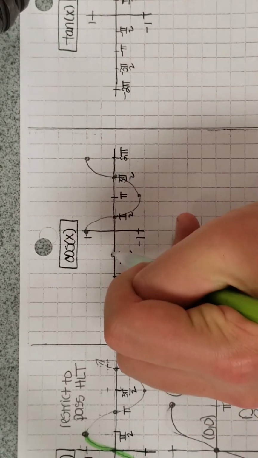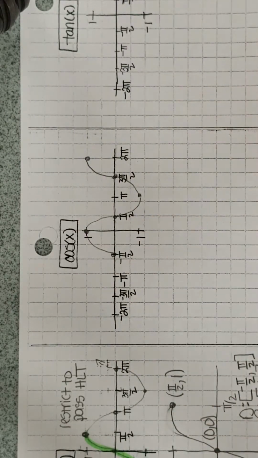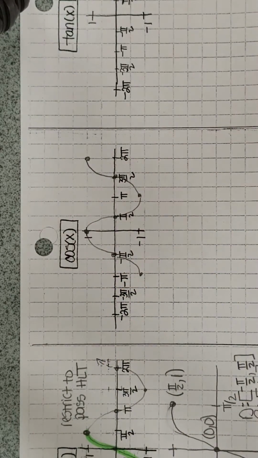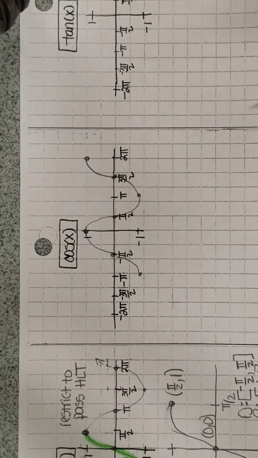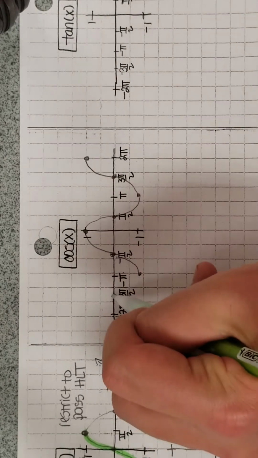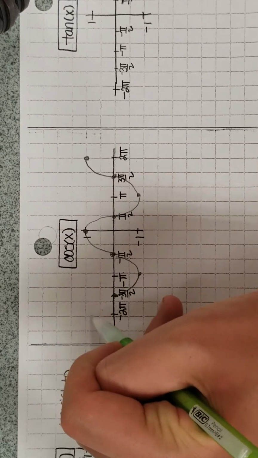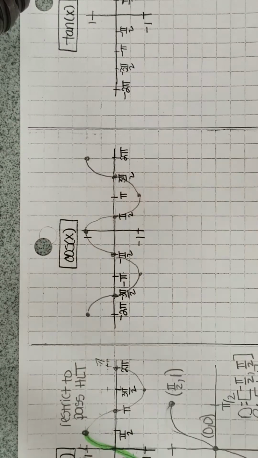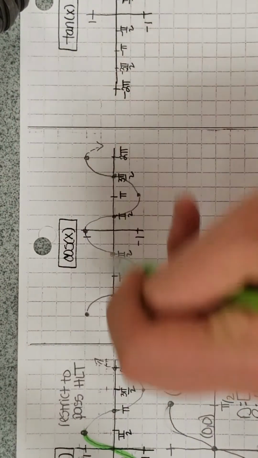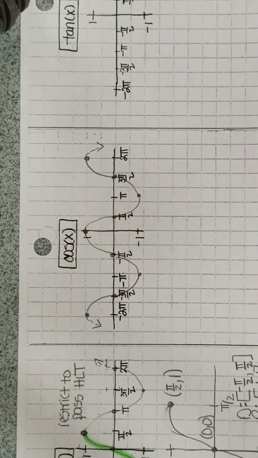Going to the left, comes down to negative pi over 2, down to negative pi, again from -1 to 1, because we have no effect on a, up to 3 pi over 2, and then finishes at -2 pi. And it technically does go on forever and ever, so we can indicate that.